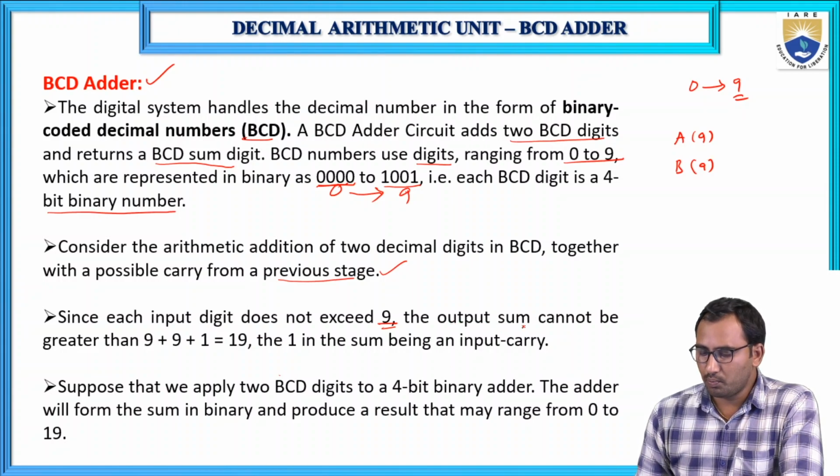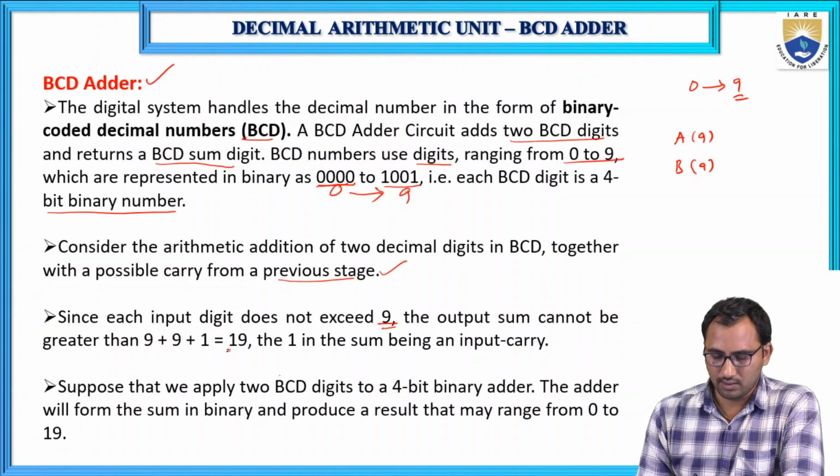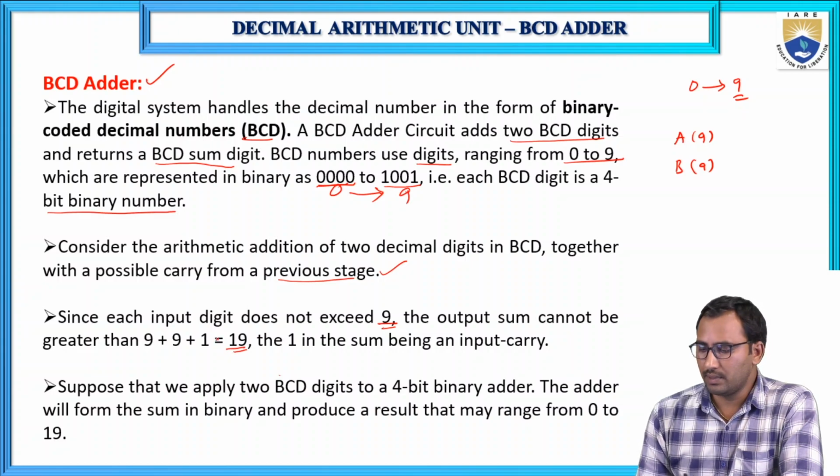And the output sum cannot be greater than 9 plus 9 plus 1. That means if you add all those, you will get 19, because the maximum number is 9 for a single digit, and for the other number also the maximum is 9.